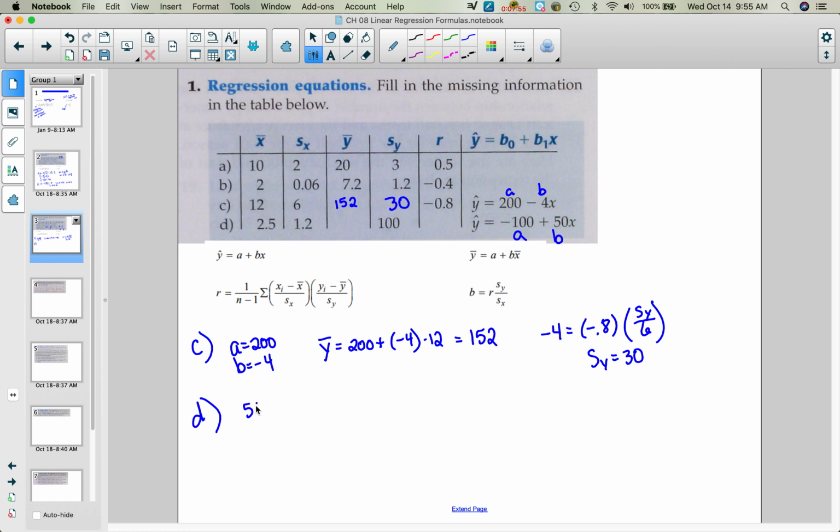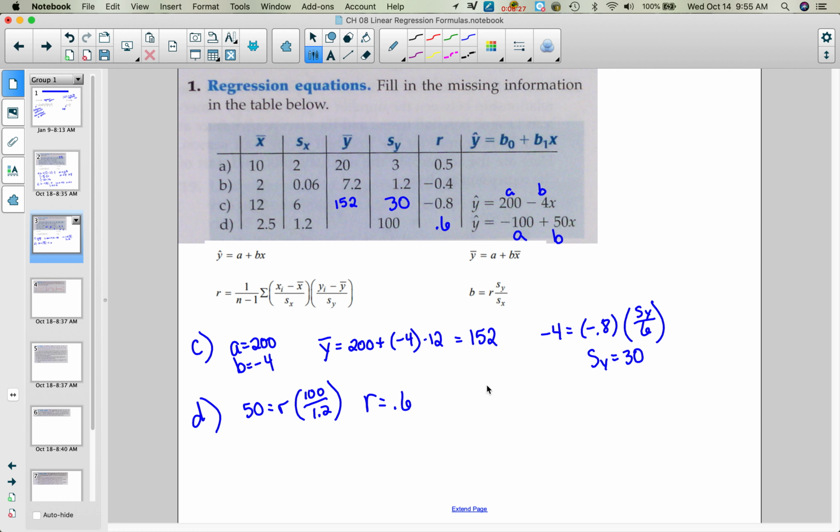B is 50, and I don't know R, but S sub y is 100, S sub x is 1.2. So now I'm going to multiply the 50 times 1.2 and divide by 100, and I get R is 0.6. I'll go ahead and fill that in.